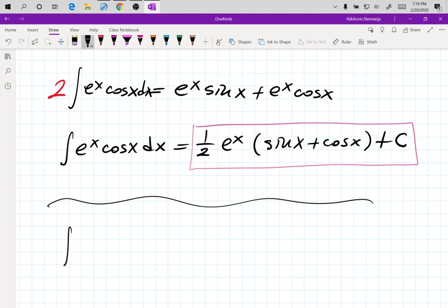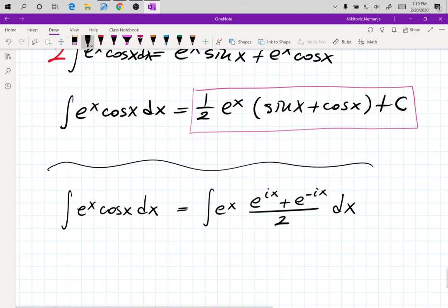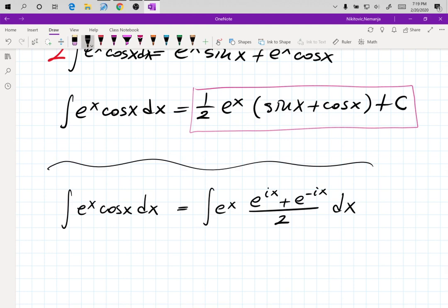So if you have your integral of e to the x cosine x dx, you rewrite this as e to the x times cosine, which is e to the ix plus e to the negative ix over 2 dx. When you multiply e to the x and this one, they add as exponents, right? So what you have is the integral, or kick 1/2 outside.